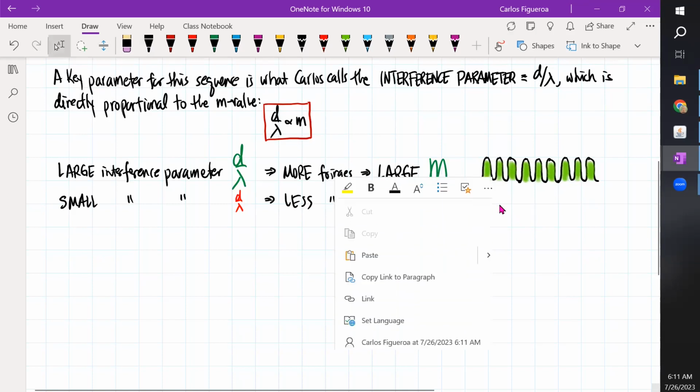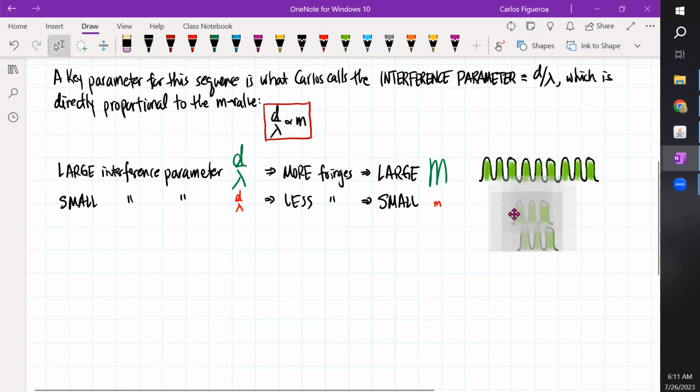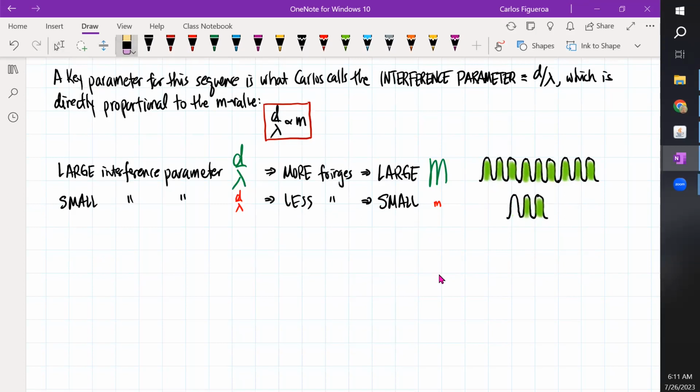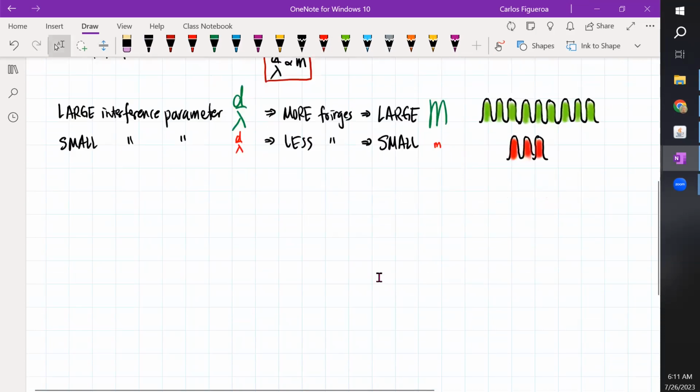If I look at this one here, and let's say this is what the fringe pattern looks like, I don't have as many fringes. So that's what that parameter is telling you. Now I'm going to go through the details of the sequence so you can see what I'm talking about, and then we'll use an applet to back it up.